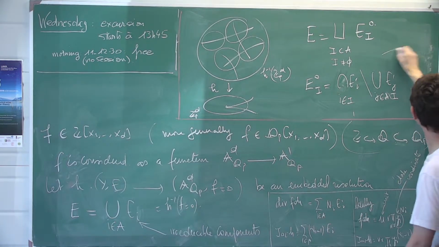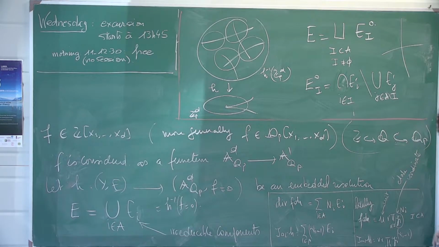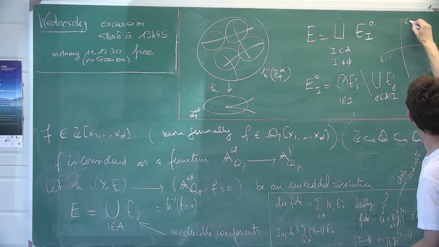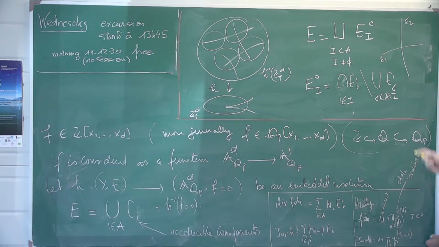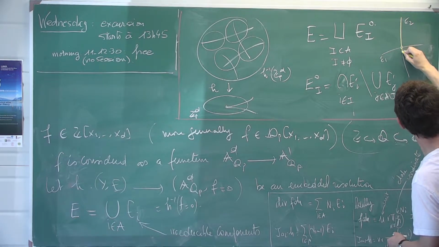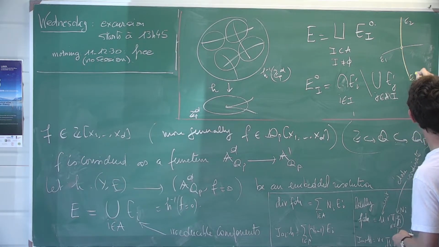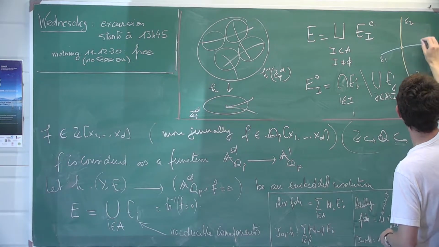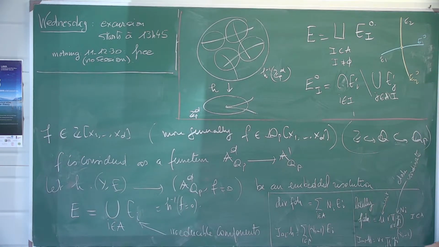So for instance, in that case, you have two components, E_1, E_2. So you have E_2^0, the second, E_1^0, and then you have the intersection, which is E_{1,2}^0. So this is a stratification in three pieces here.